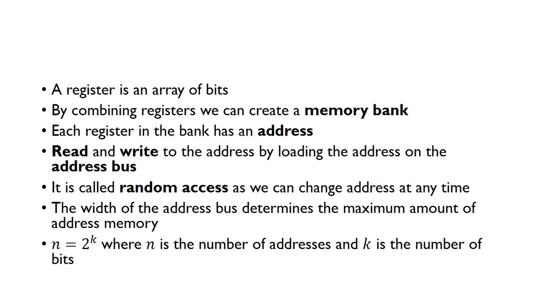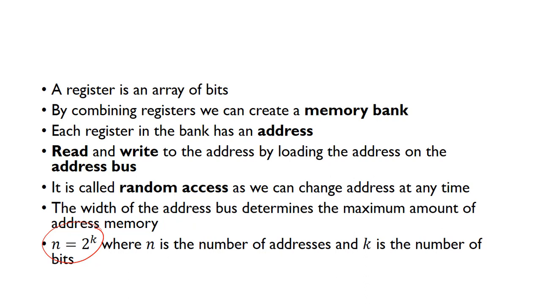The amount of data we can store in the memory bank, the size of the memory essentially, is determined by the width of the address bus. There's a particular number of bits on the address bus, and we use this formula: n equals 2 to the power k. n gives us the total number of addresses that are possible, and k is the number of bits.